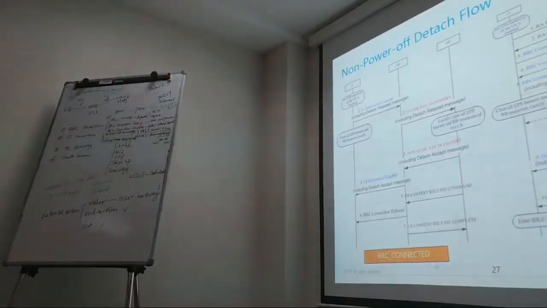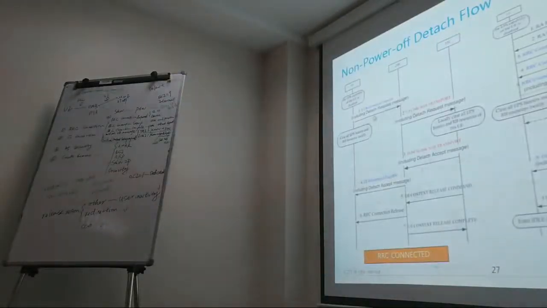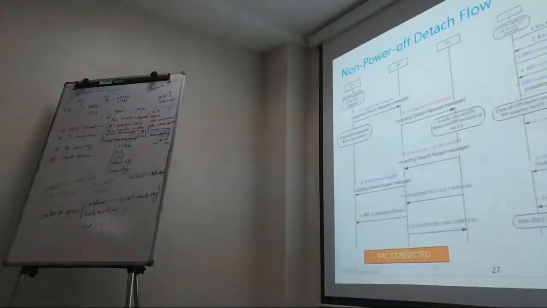If I am at connected state and I switch on the flight mode, it will send the detach request directly by the UL information transfer. When the EPC receives the detach request, the EPC side will clear all the bearer information and release the UE context.